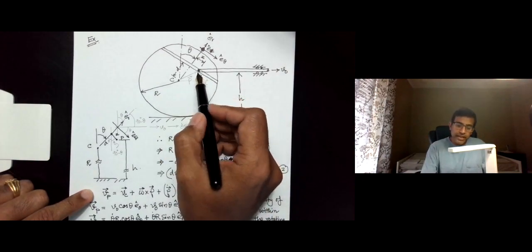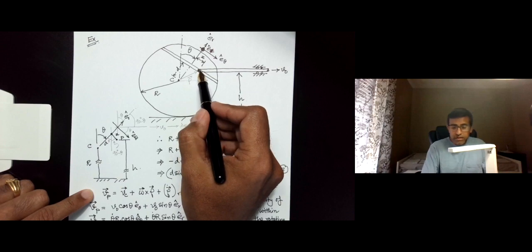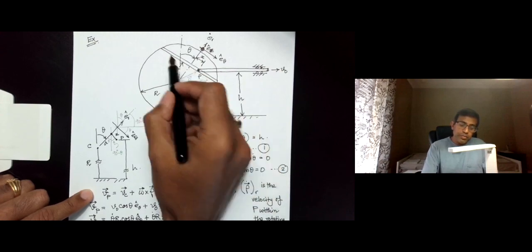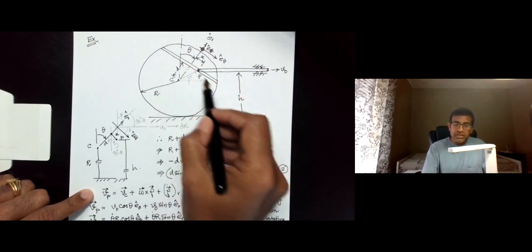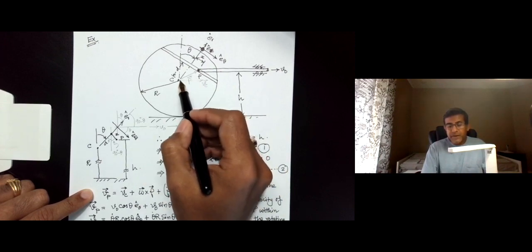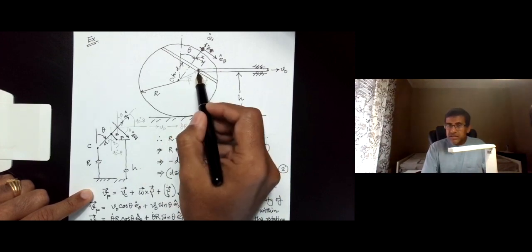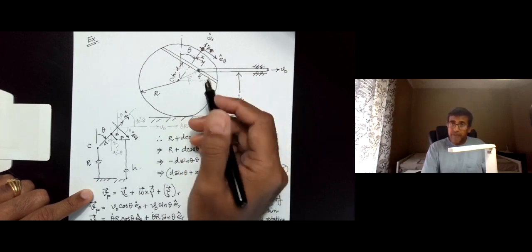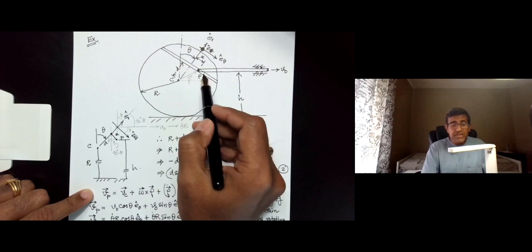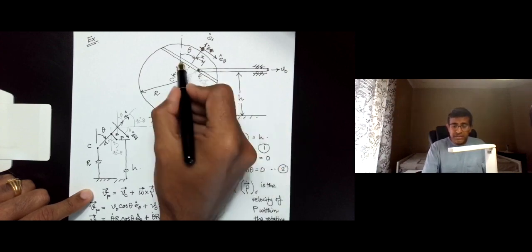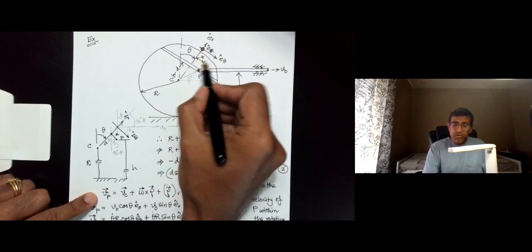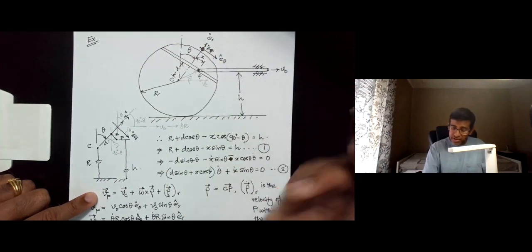As we have mentioned, since this particle P, which is the pin connecting the slot with this horizontal bar, is constrained to always move along this slot, if you are fixed to the disk, then the velocity of this pin that you would perceive, that is the relative velocity in the rotating frame, would just be x dot e theta. X dot, because this is the only velocity that you would see, and e theta, because x is going to always be in the direction of e theta, so x dot is always in the direction of e theta.